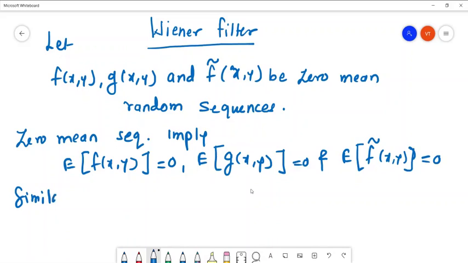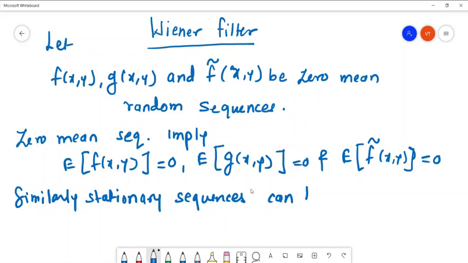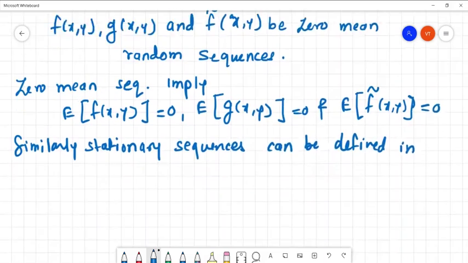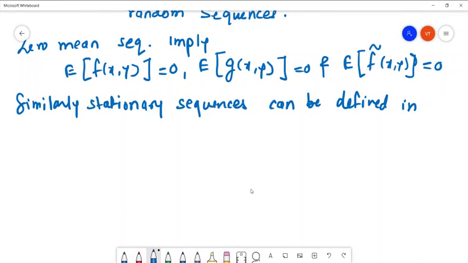Similarly, stationary sequences can be defined in terms of correlation.